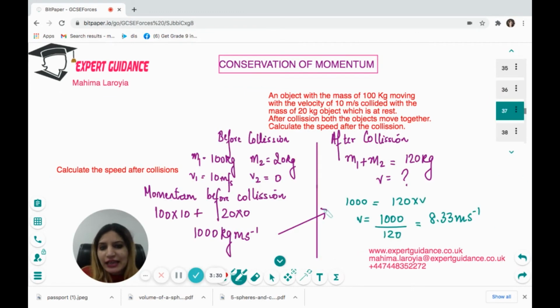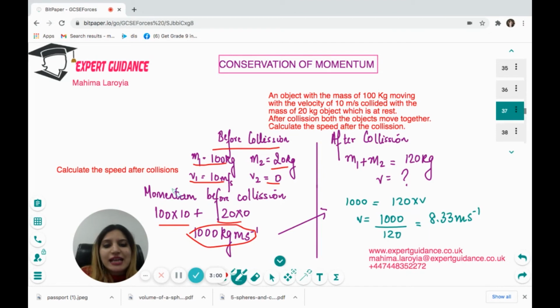Now let us look at it. Before the collision, we know that the mass of object 1 is 100 kg and velocity is 10, so the momentum of body 1 is 100 times 10. But for the other body, since it is at rest, the momentum would be 0. So the total momentum before collision is 1000 kilogram meters per second. After the collision, they both stuck together and moved together, so the total mass now would be 120 kg, 100 plus 20, but we don't know the new velocity.